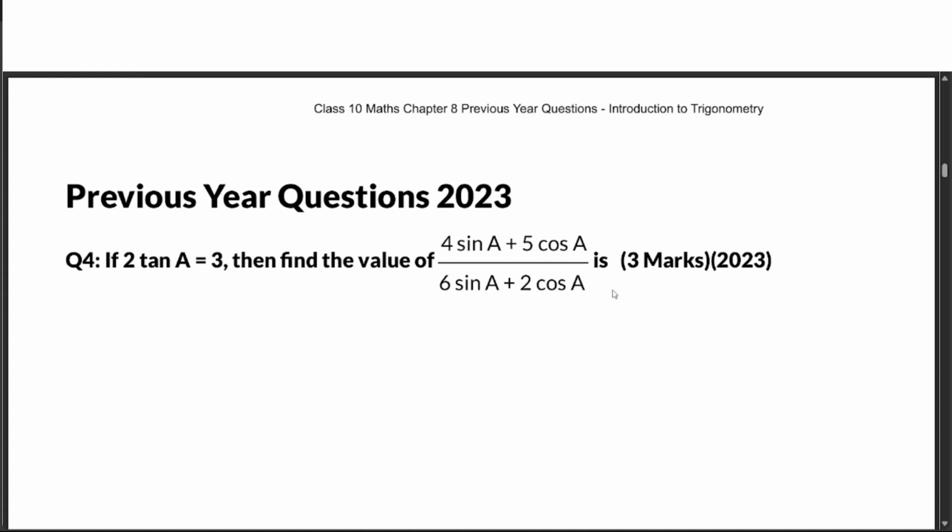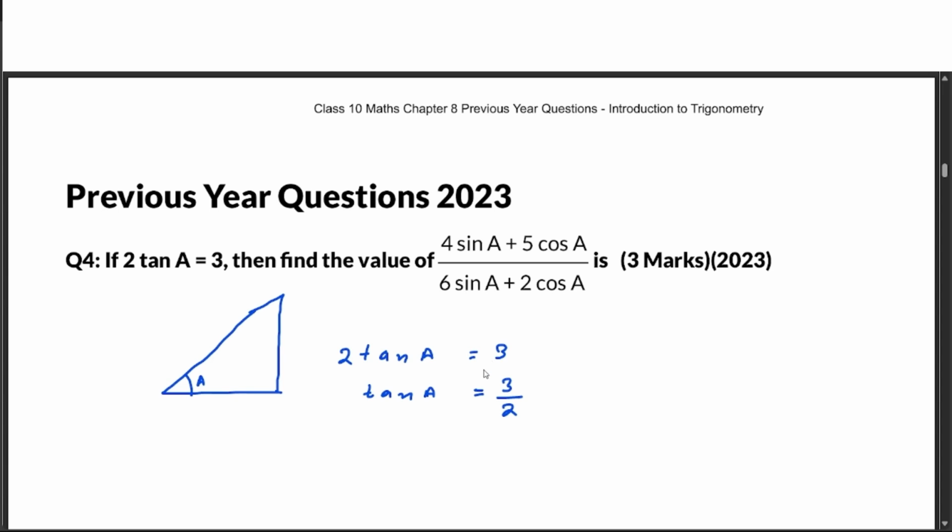Which means we have been given the tan value. So first we will draw the triangle. The triangle we have drawn, and this is our angle A. It is given that 2 tan A is equal to 3, so tan A is equal to how much? 3 over 2.